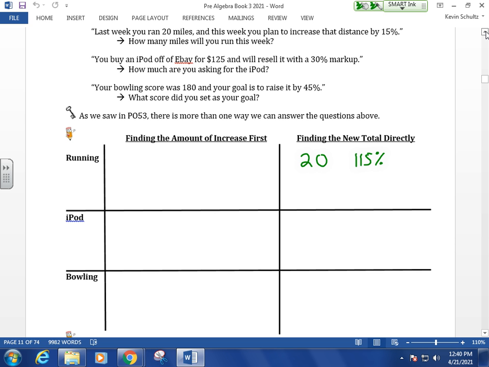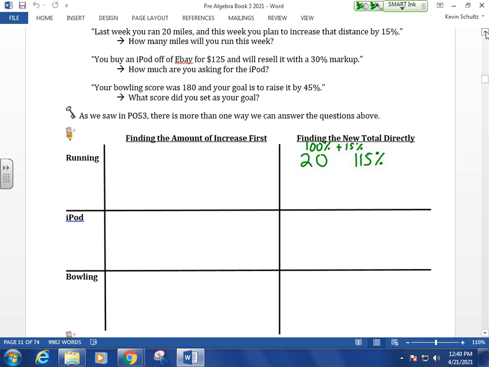The whole 20 and 15% more. And that's how I come up with 115%. 20 represents the original 100%. We want to add 15% onto that. And so that's where we get 115%.